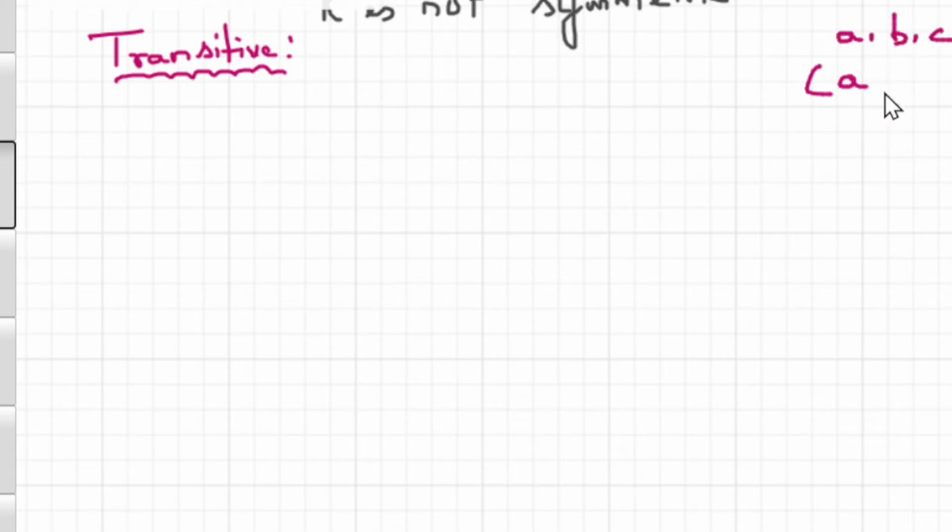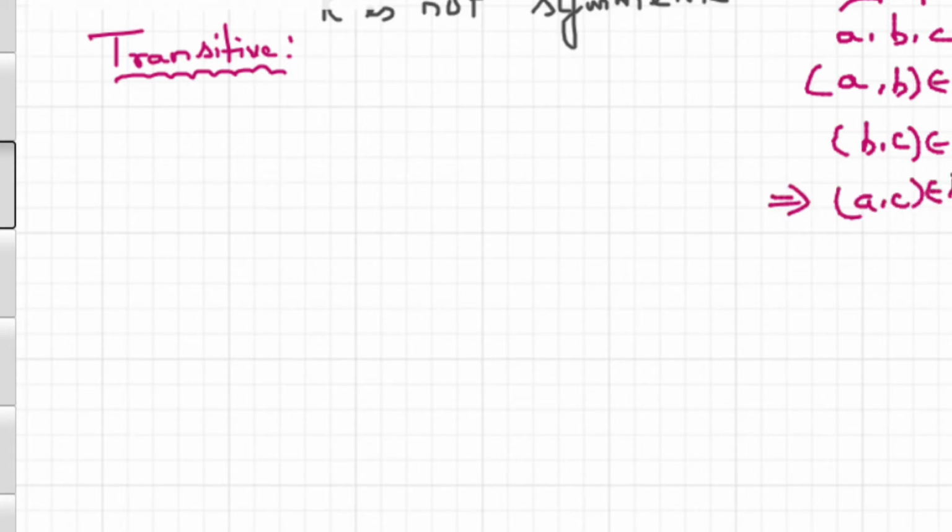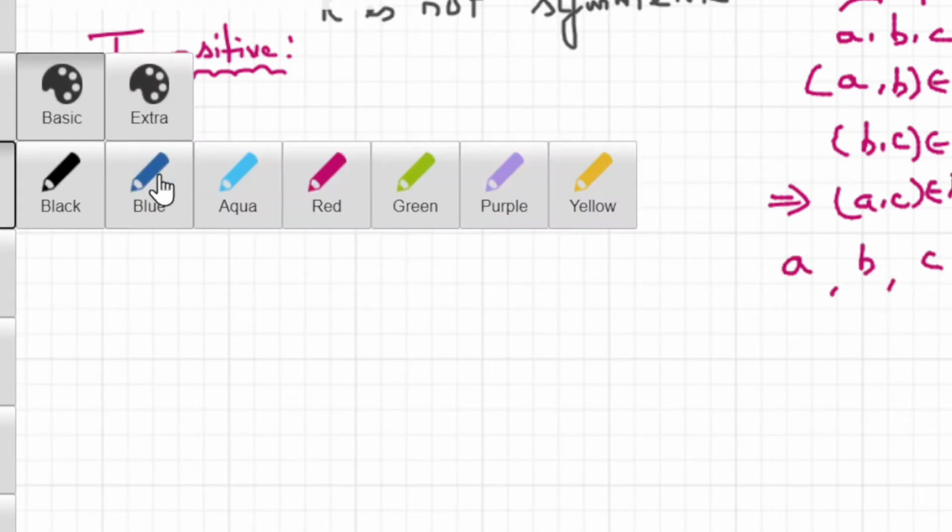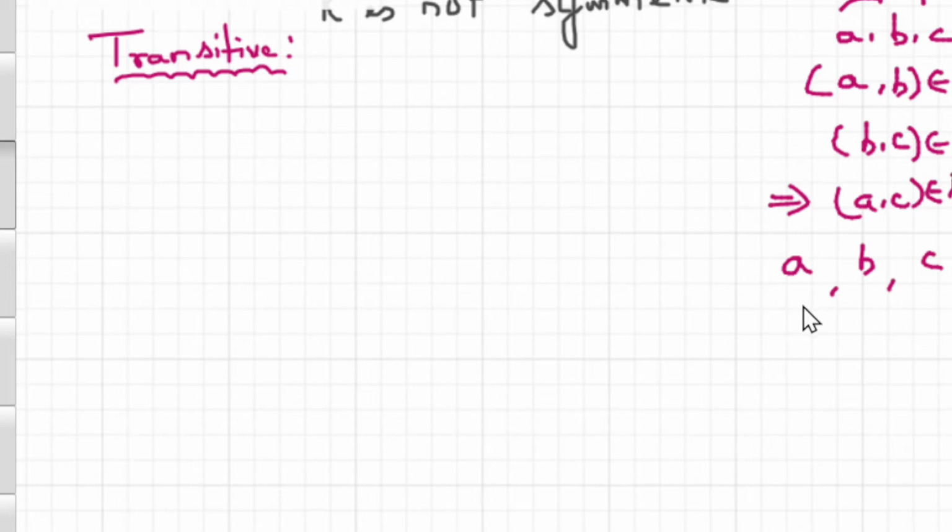If (a, b) belongs to R and (b, c) belongs to R, that implies (a, c) belongs to R. Now I am going to consider integers for a, b, c: 10, 4, and 3.